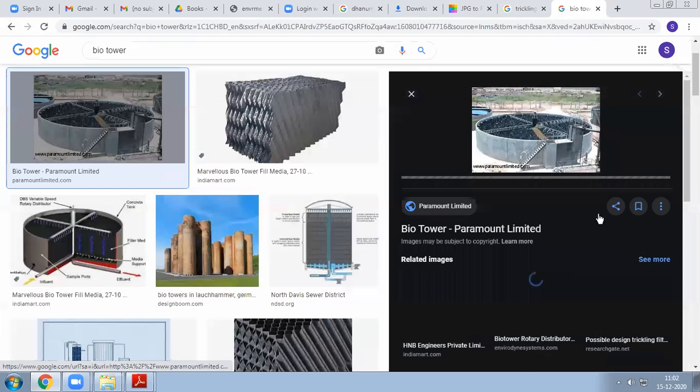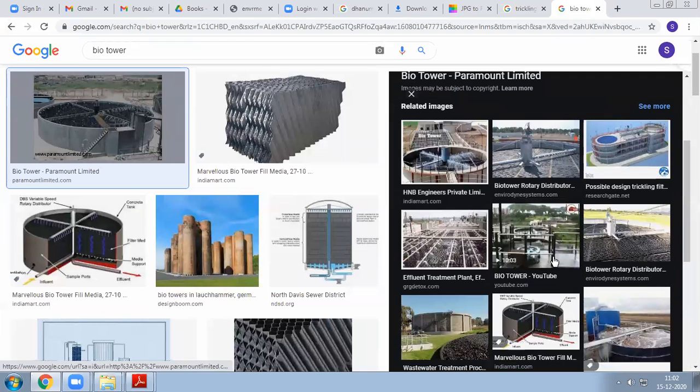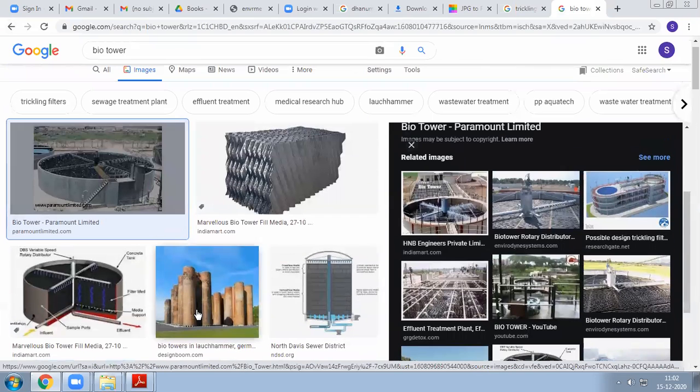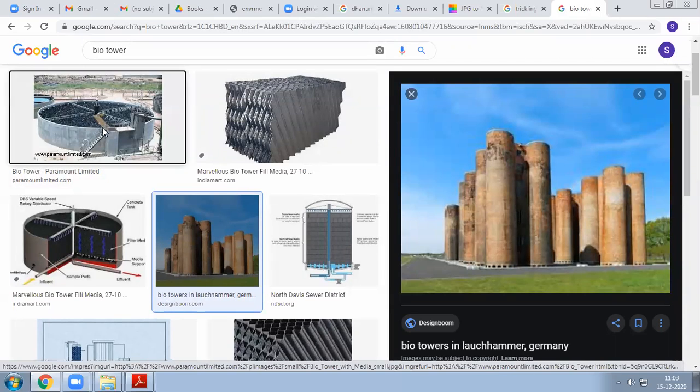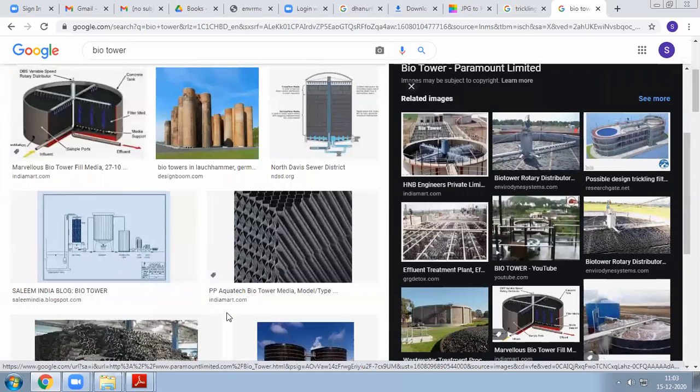Actually, it looks similar to a trickling filter only. The image looks similar to trickling filters, and sometimes they will construct it at a higher rate, higher height. This is all biotowers. Sometimes they'll construct like this.